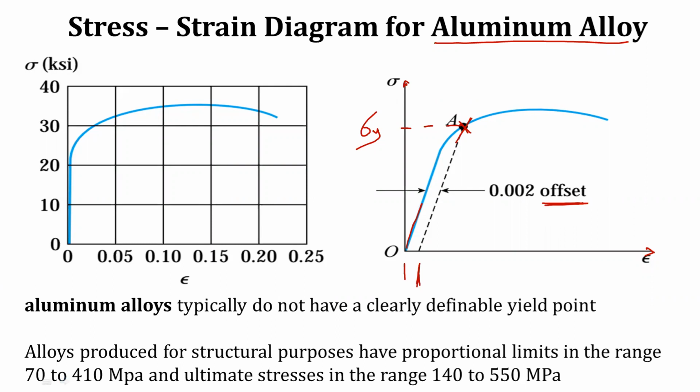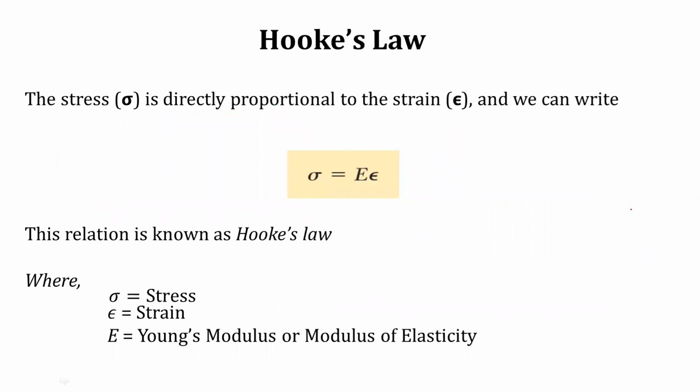Next, you have heard this term Hooke's law since 11th or 12th standard. What is Hooke's law? Basically, Hooke's law is derived from this experimentation only, the stress strain curve.